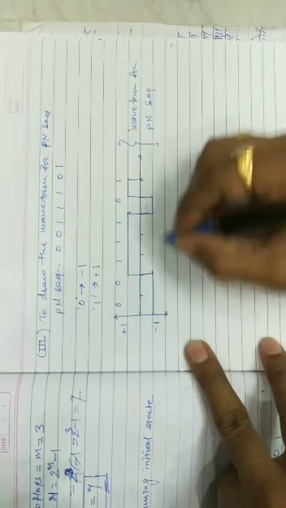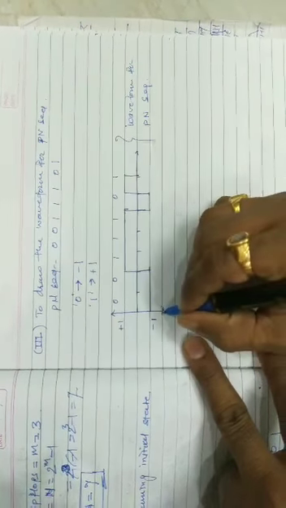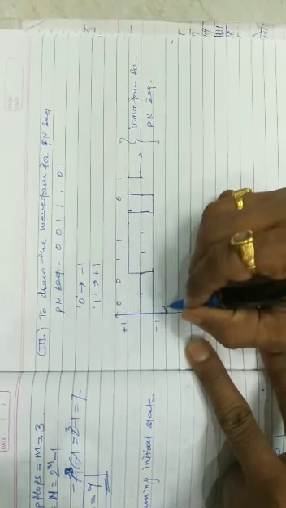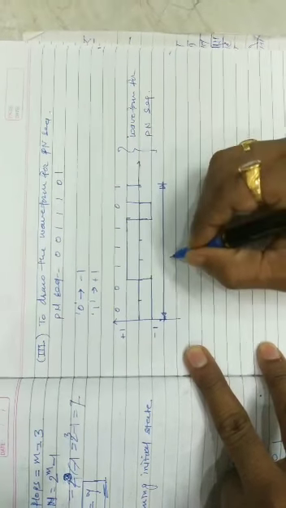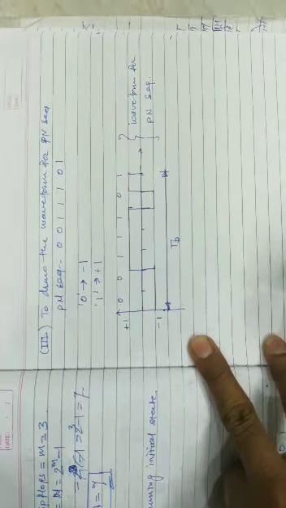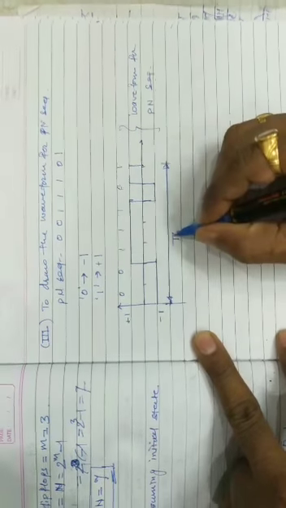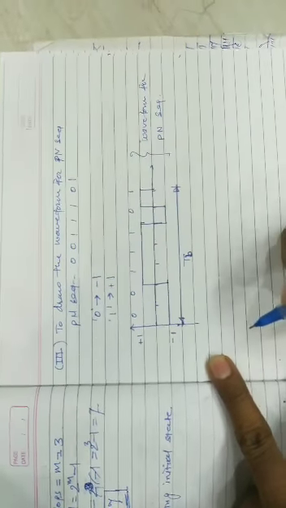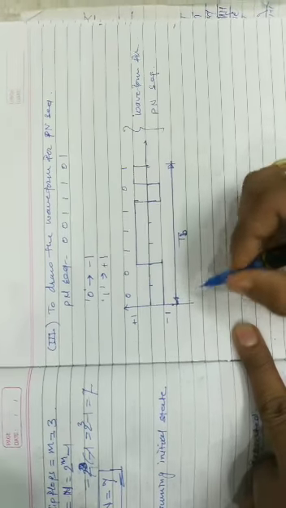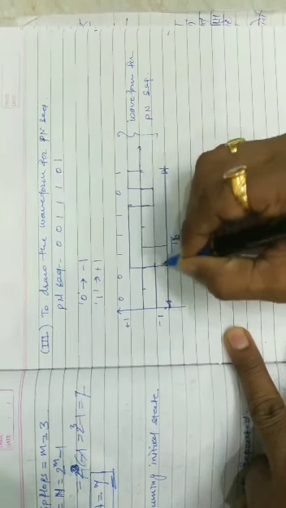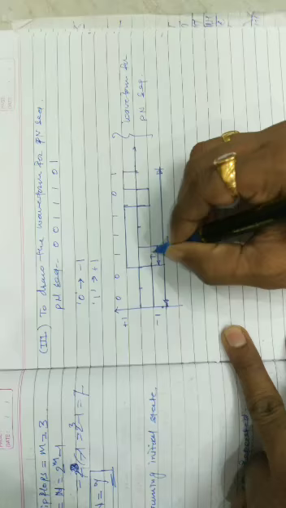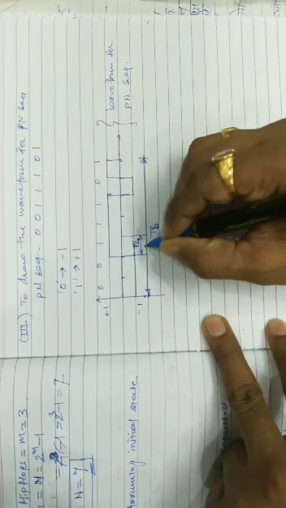Now if you consider this particular period, it is basically denoted as TB. Okay, and this 1 bit period of the PN sequence, it is defined as TC, that is called the chip period.